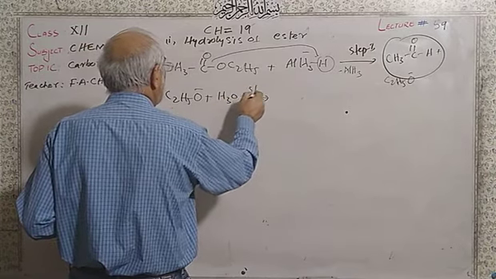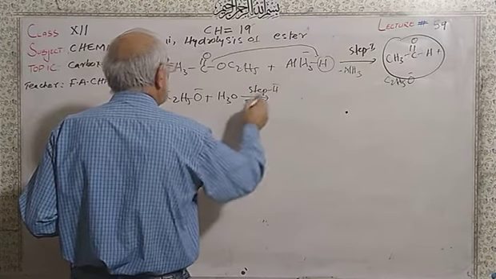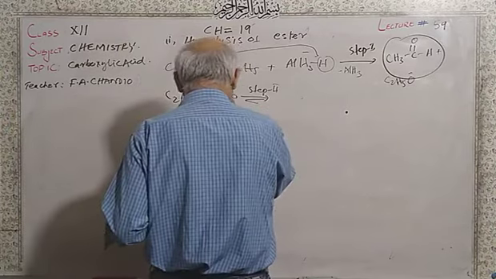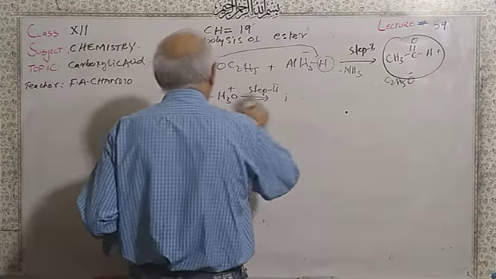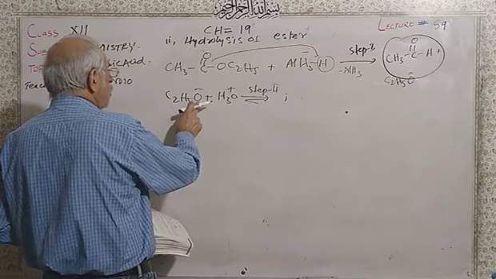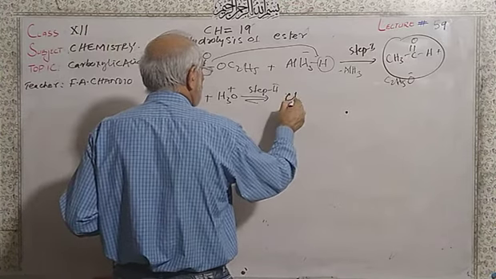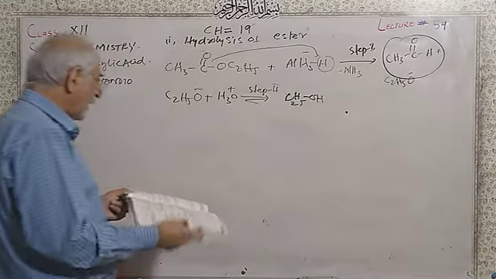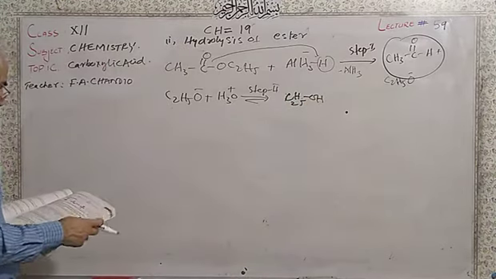This is step number 2. So there the hydronium ion, and you will get alcohol. The hydrogen from the hydronium ion combines with the oxygen of the ethoxy to give us alcohol. So you will get alcohol in this case.